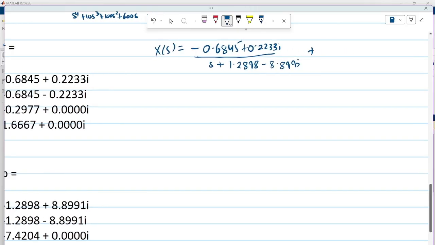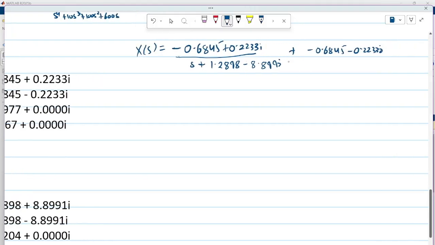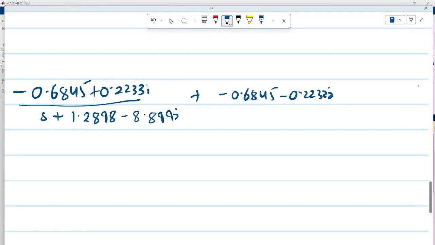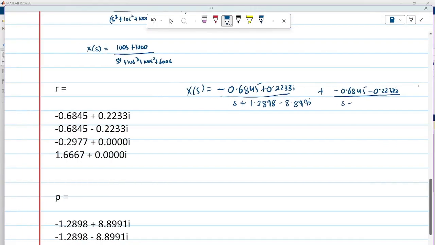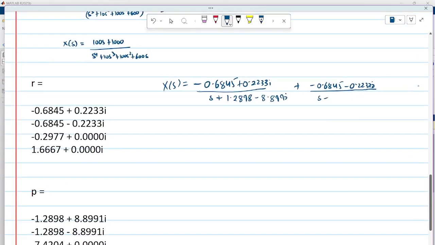So it will become minus 0.6845 minus 0.2233i. It's minus, right? And it's whole divided by s minus p2, p2 is minus 1.2898. Again, take the minus as common, it will become plus 1.2898 plus 8.899i. That's the second term.